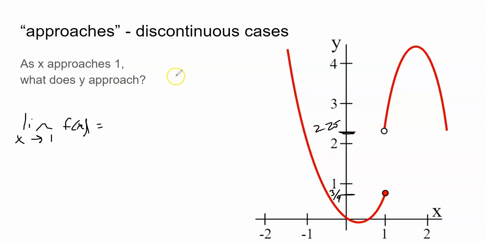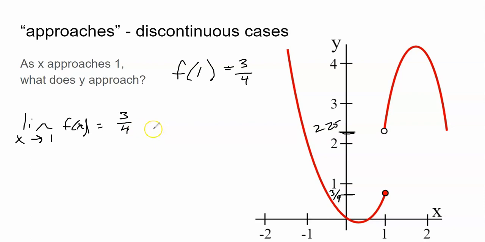And you might be saying, okay, Mr. Hu, I see that the bottom dot is colored in, right? So I know that f of 1 is equal to 3/4, which is what I'm kind of assuming the value to be. It may not be after all, but I'm going to assume that way. So you might say, I'm going to say this is 3/4 then, because that looks like the value of the function at 1.